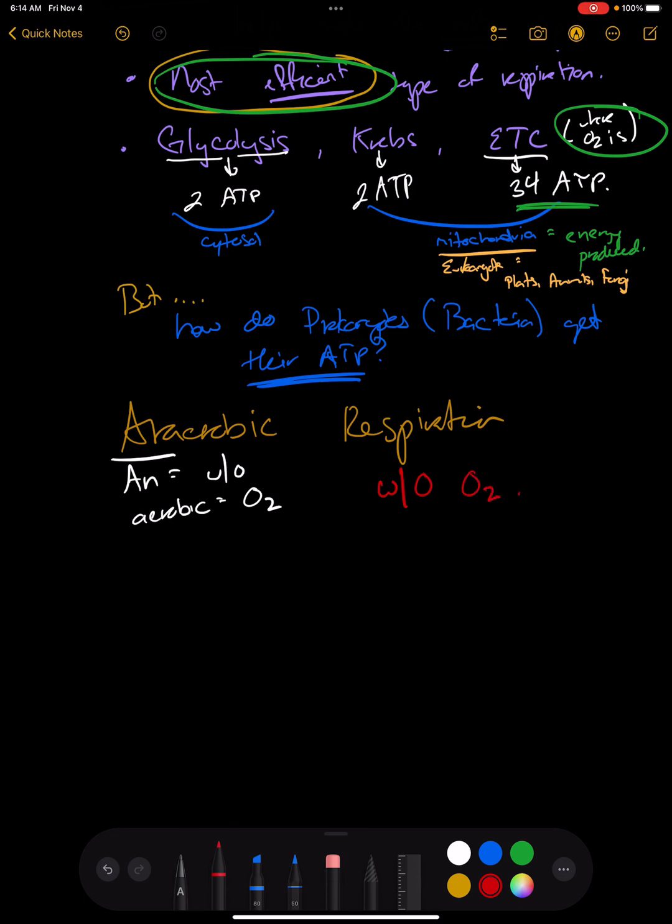Since there's no oxygen, there's no electron acceptor. And if there's no electron acceptor, that means I don't get to make as much ATP. So that means very little ATP, okay?